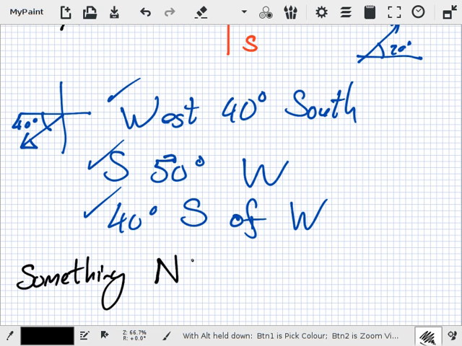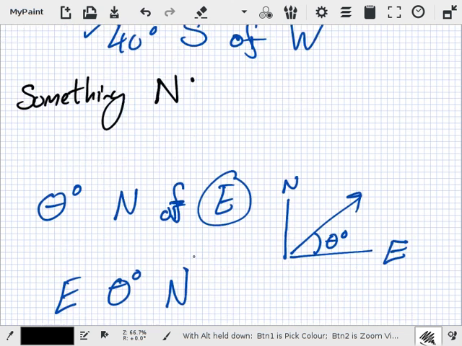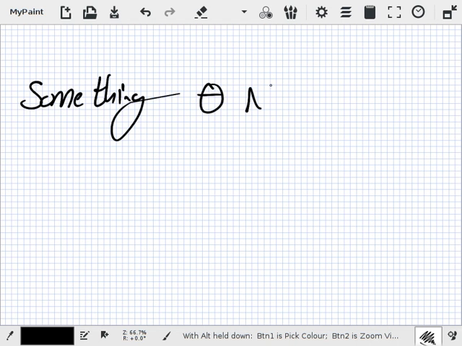But where is the expression in your question? Question one. Yeah, well, where do I say it? Point Y is 20 degrees. Yeah, you can say north of east if you provide an angle. So you could say something angle north of east. You have to include the angle.